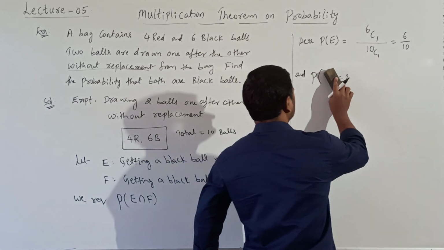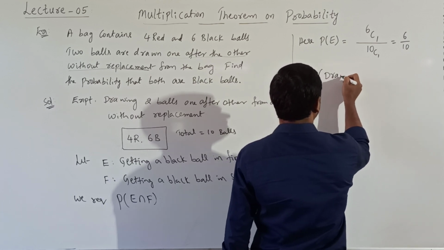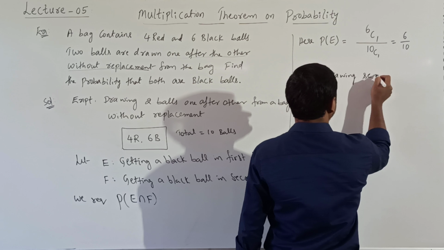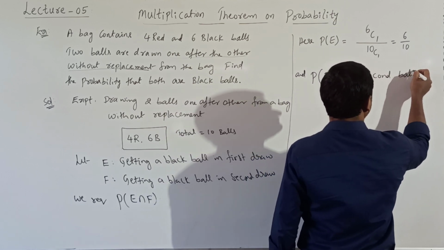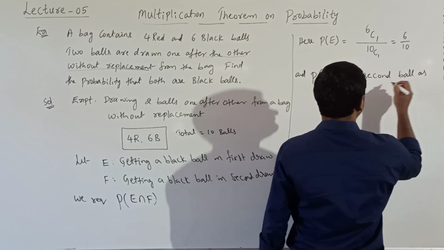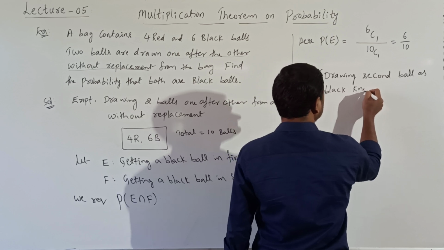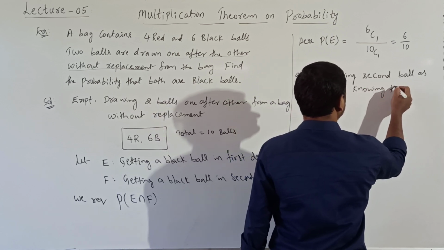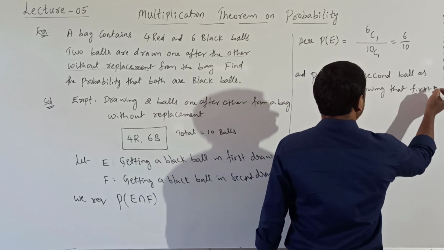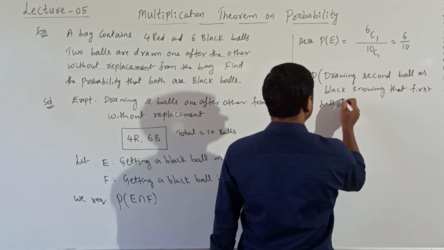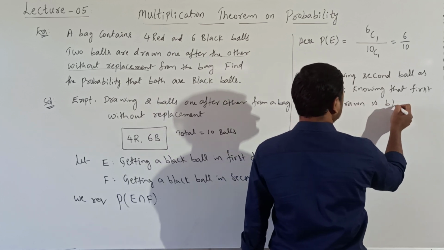So now the probability of drawing the second ball as black, knowing that the first ball drawn is black.